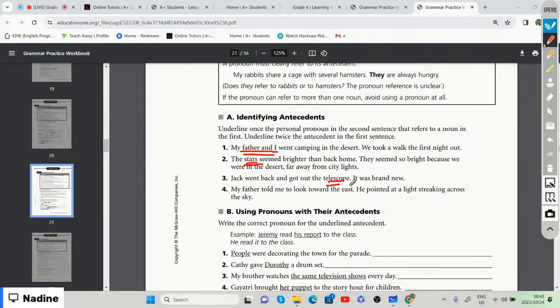And then my father told me to look toward the east. He pointed at a light streaking across the sky. If we identify the antecedent, it is my father, and our pronoun is he.